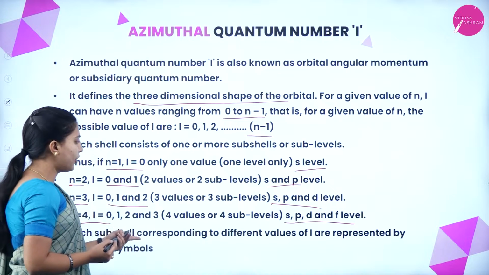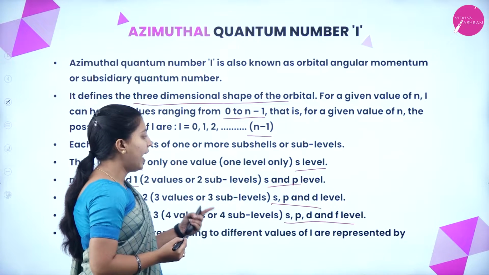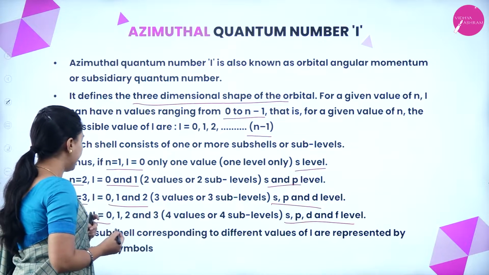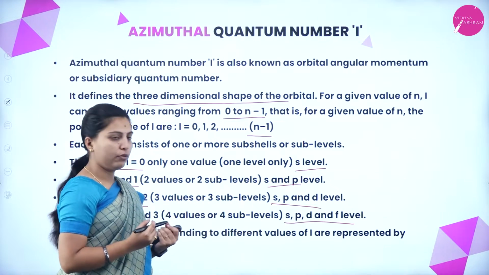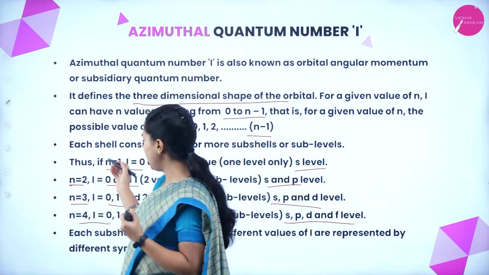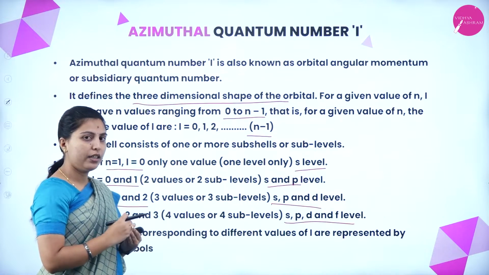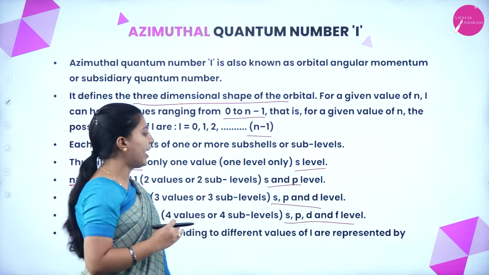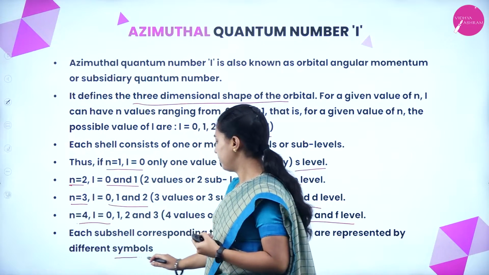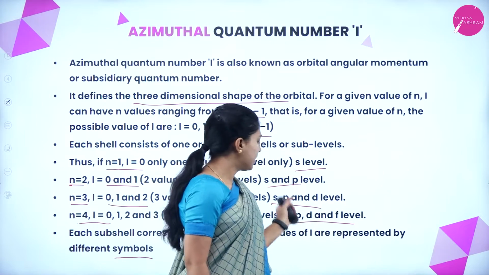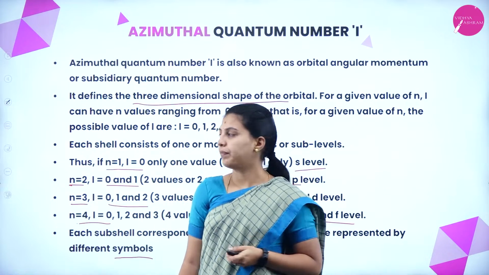Each subshell corresponding to different values of l is represented by different symbols. Each subshell will have different values of l represented by different symbols. These are the symbols we have noticed.